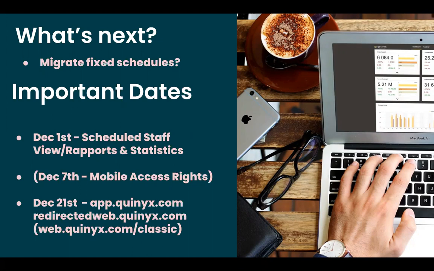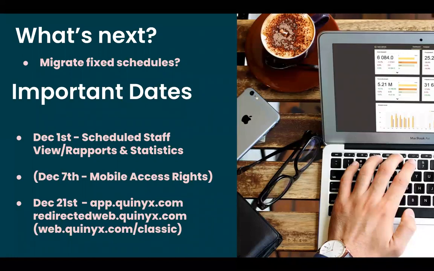As far as important dates, I've already noticed that we're starting to redirect some of the views. The schedule staff view was redirected at the beginning of the week. The reports and statistics view takes you to analytics now. December 7th, the mobile access rights, I put that in parentheses because that is not something that you as schedulers need to worry about. That's something your super users have been made aware of and need to take action on, possibly, if there need to be any changes.